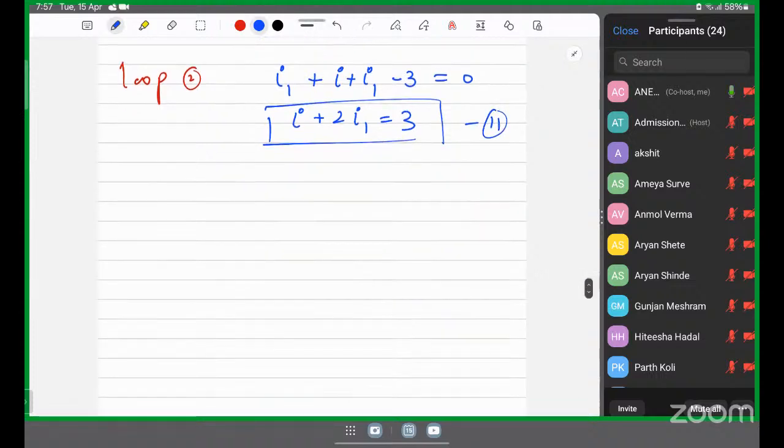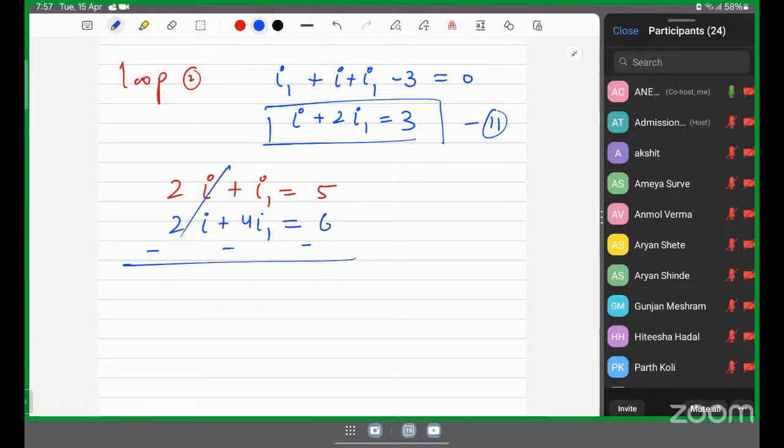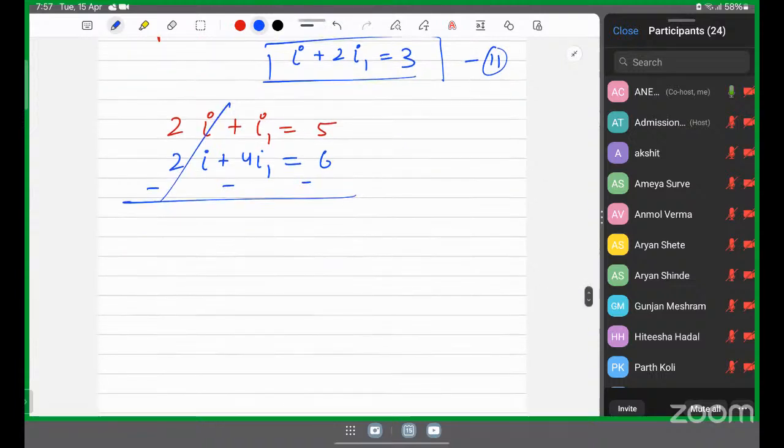Now you have to solve these two equations. 2I plus I1 is equal to 5. Multiply the second equation with 2. This will be 2I plus 4I1 is equal to 6. Subtract. 2I will cancel out. I1 minus 4I1 is minus 3I1, equal to 5 minus 6, which is minus 1.